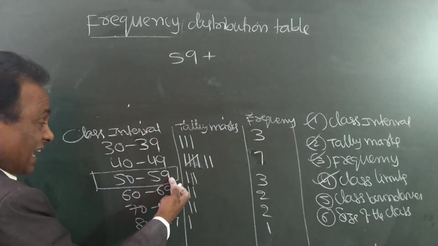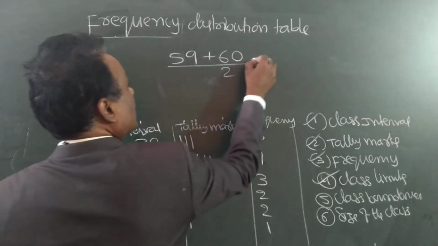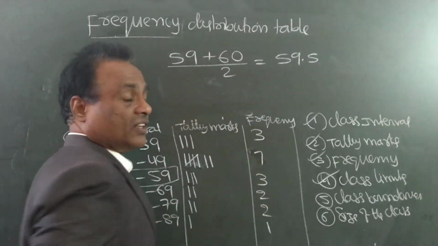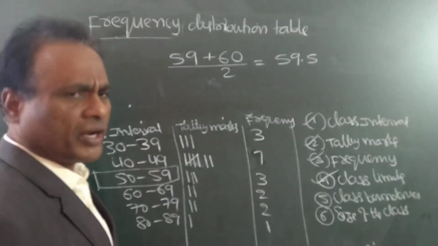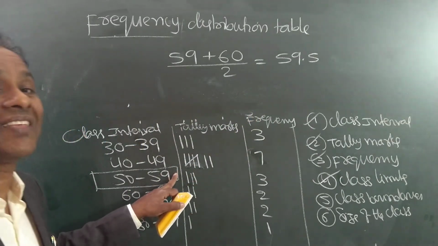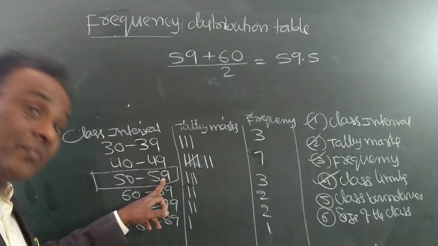Boundaries: take this 59, the upper limit of a class, plus the lower limit of the next class, divided by 2. 59 plus 60 is 119, by 2 is 59.5. So this is called the upper boundary of the class. The upper boundary is not 59; the upper limit is 59.